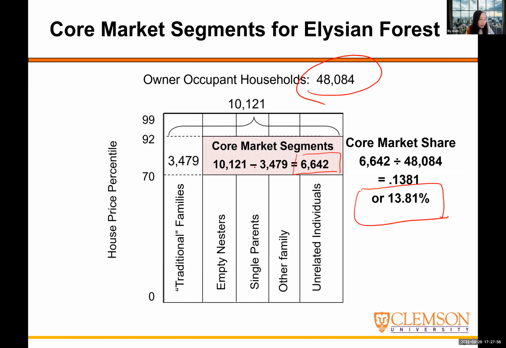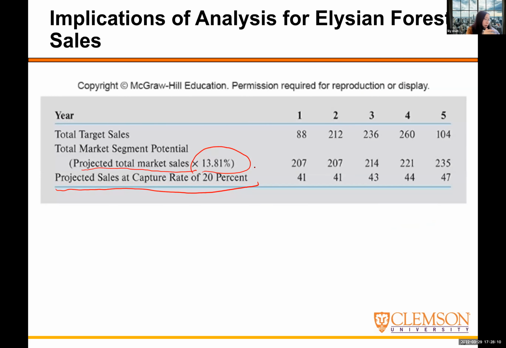This 13.81% are the people who can afford or may consider, but they might be attracted by other developments as well. So they're assuming that for every 5 people they talk to who want to buy a home, the total capture rate is 20%. So the estimated sale every year is 41, 41, 43, 44, 47.